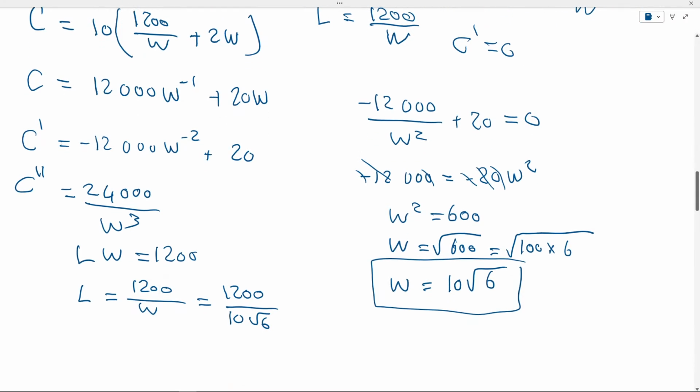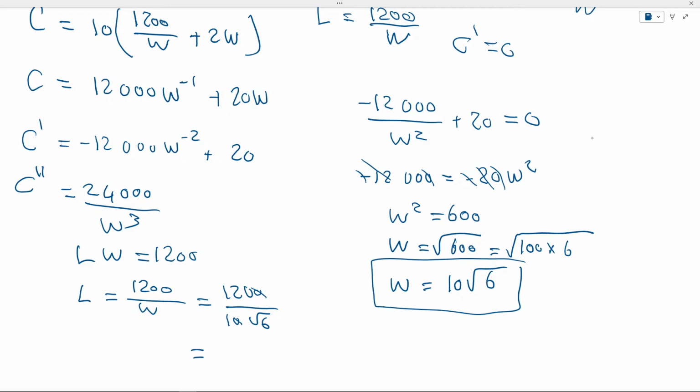And this guy will go away with these guys. So I got 10 here. This guy goes away with this guy. So I got like 120 over square root of 6.